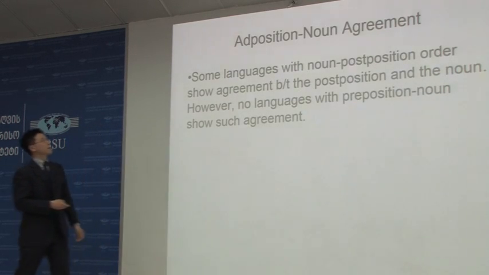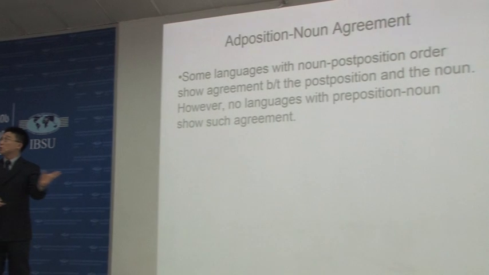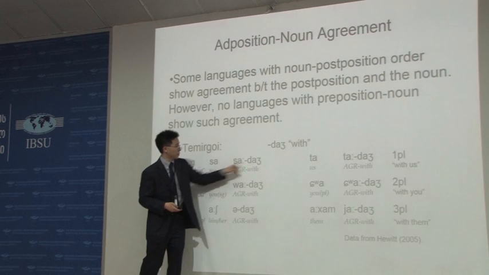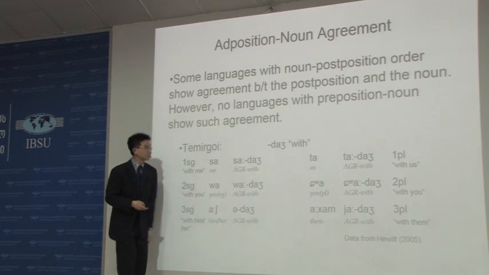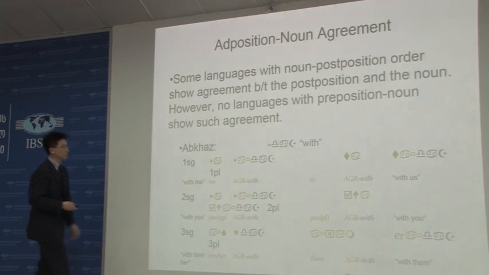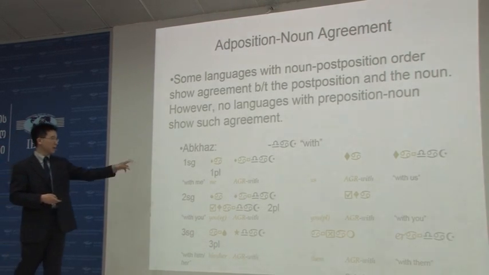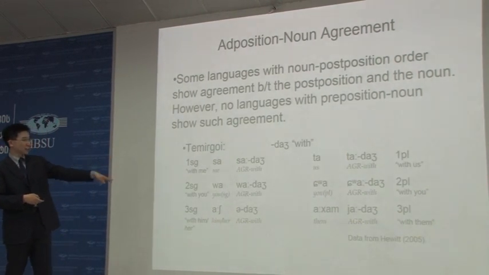Why? Then there's also agreement in some languages between postpositions and nouns. This is an Abkhaz language. You can see there's agreement with the noun and the postposition. You see how it agrees? Anyway, this is showing you the agreement, which you can see here.